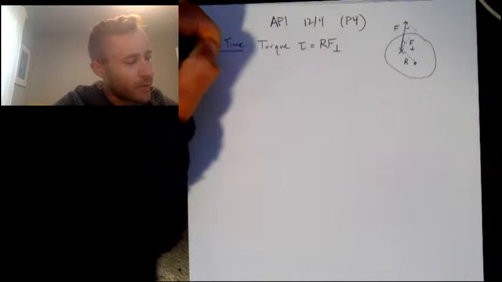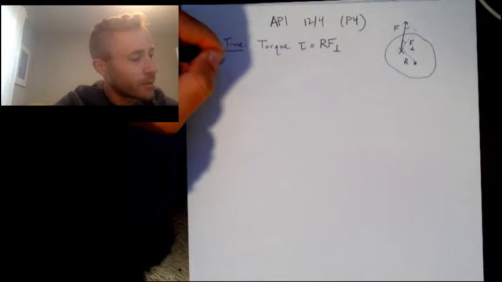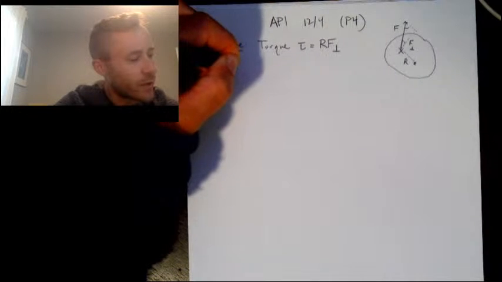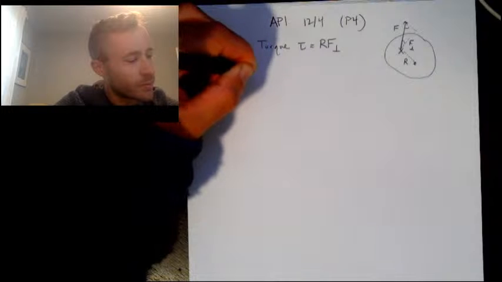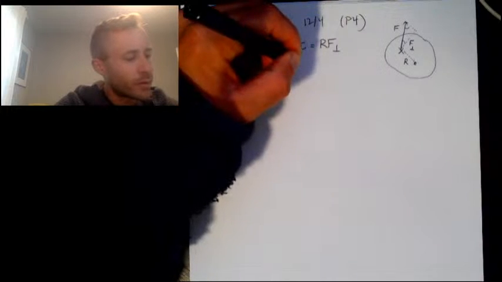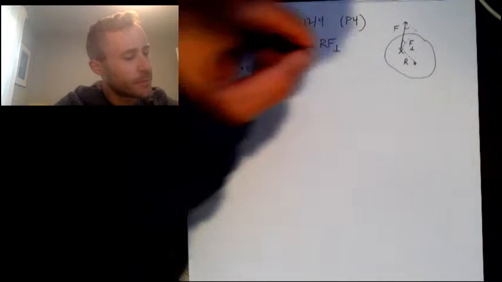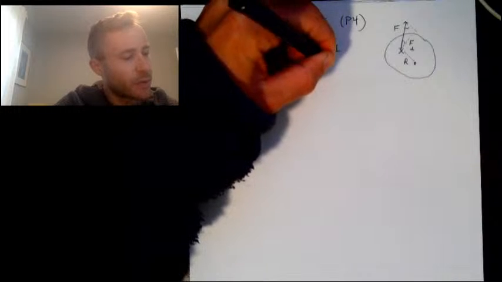Of course, we have the idea of net force, or net torque, which is just the sum of the individual torques. Okay. If a torque would create a counterclockwise rotation, then that is a positive torque.